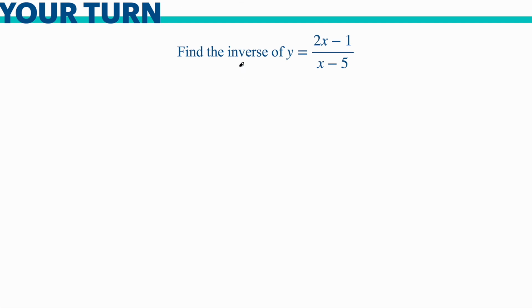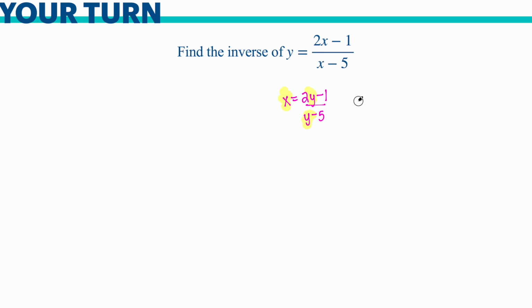Okay, now your turn. I would like for you to pause the video, attempt to find the inverse of this rational function, and then hit resume to see the answer. So first thing you are going to do is swap your x's and y's. So everywhere you see an x, you should make it a y, and everywhere you see a y, you should make it an x.